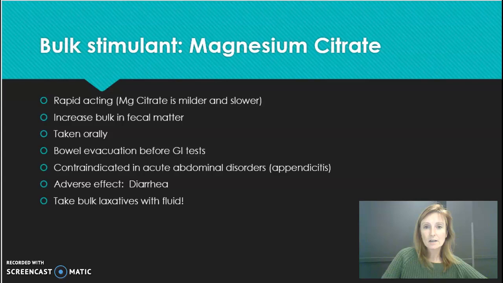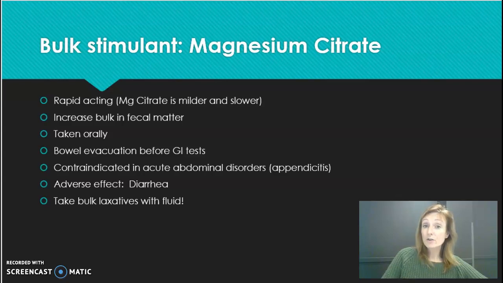Now, if they are going to be having a surgery, then they might be NPO, so we need to be very careful about which laxative we're using. If a patient is having a GI test, like a colonoscopy, they don't have to refrain from drinking water. So we want to make sure, pens up, that when you are giving patients a bulk stimulant for their laxative, they increase their water with this. It is taken orally.